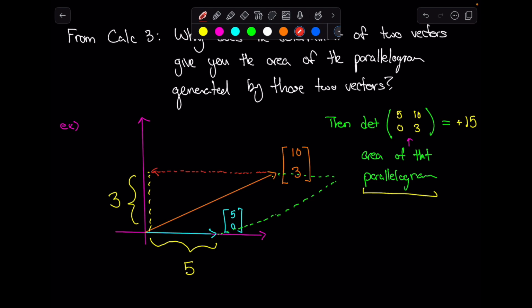What do I mean? I'm going to add -2 of this blue vector here.